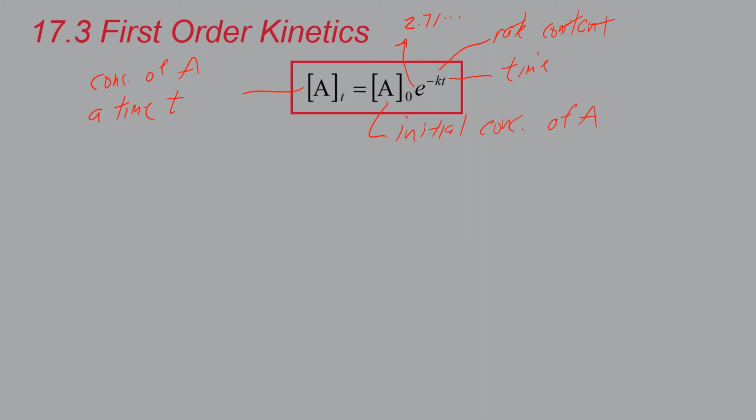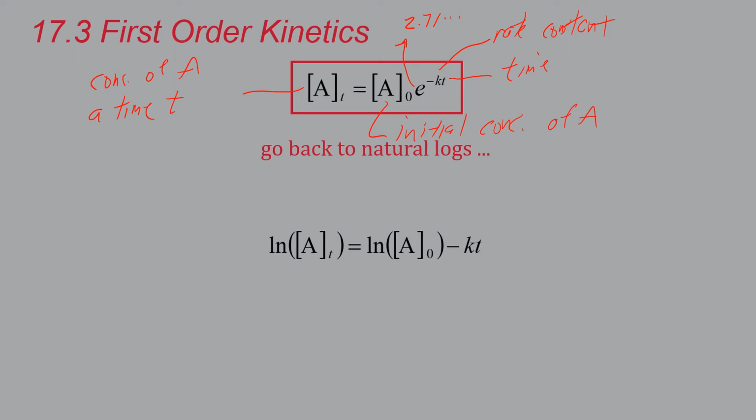Now, you might see this in another way. You not might, you probably will. If you get rid of that e, the base e, this expression, you might see it this way: the natural log of the concentration of A at time t is equal to the natural log of the concentration of A at time 0 minus kt.